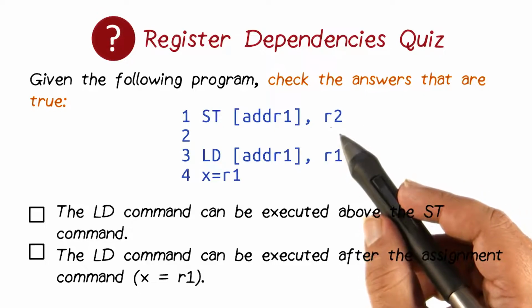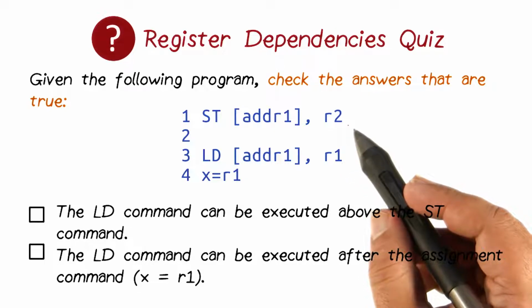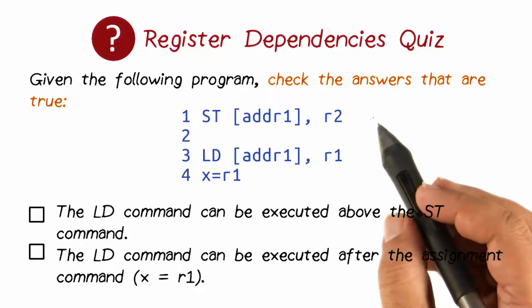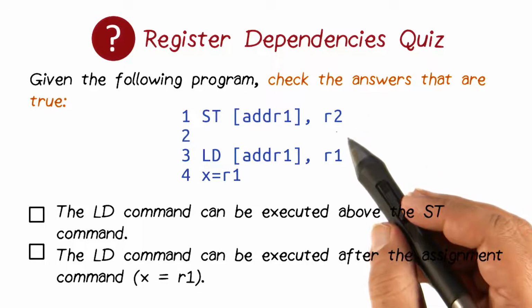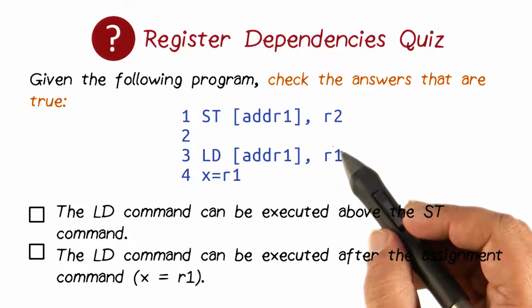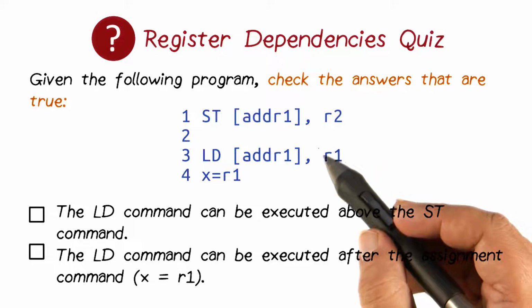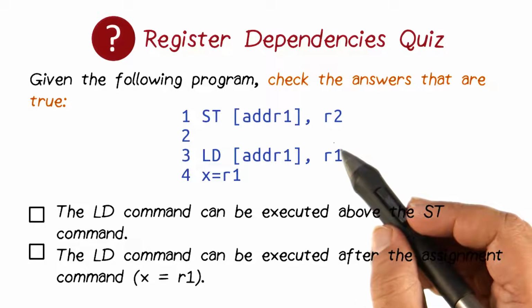We first have a store which is going to the address 1 from register R2. So the value is stored in address 1. Following that, we have a load which is loading the value from that address into register R1. And then finally we have an instruction which is taking that value in R1 and assigning it to X.